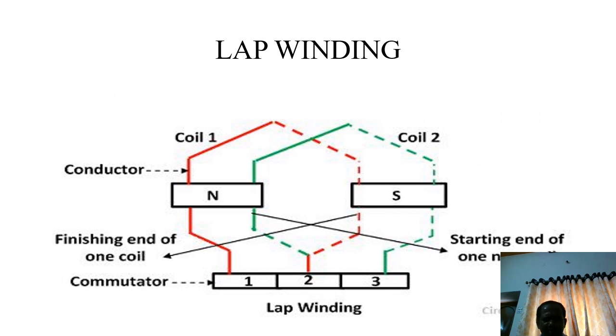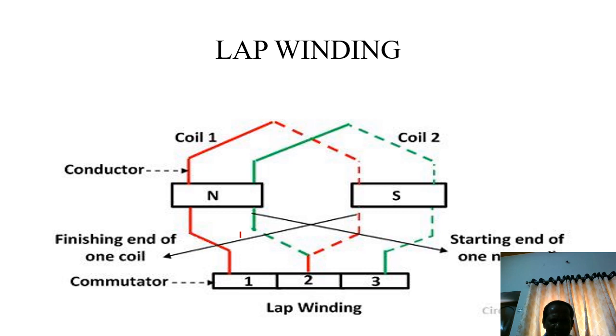Here you can see north pole, south pole, and commutator segments 1, 2, 3. Segment 1 is connected to 2, and 2 is connected to 3.